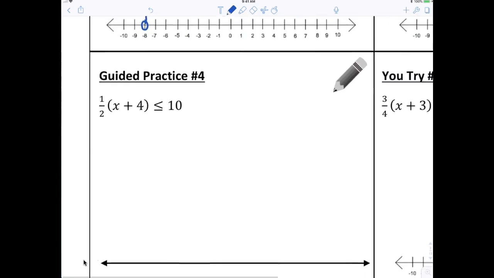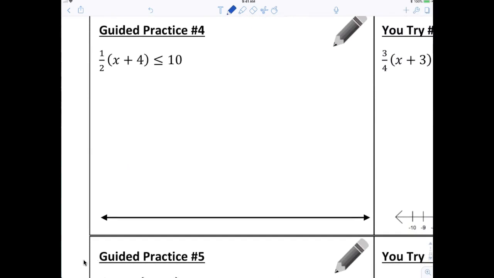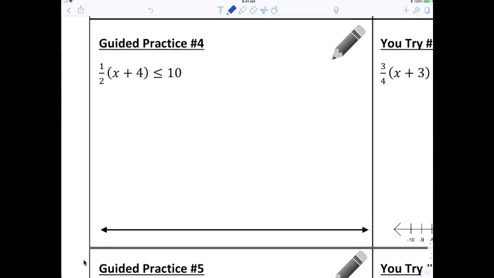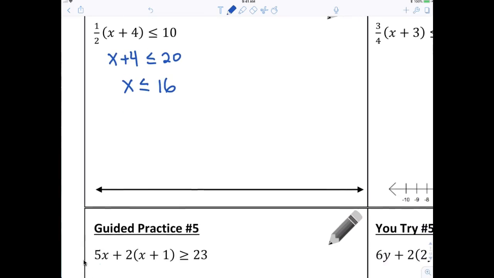All right. Let's do 2 more. See how we're doing. How do I get rid of 1/2? So I have x plus 4 is less than or equal to 20. Do I have to change the sign? No. So x now is 16.